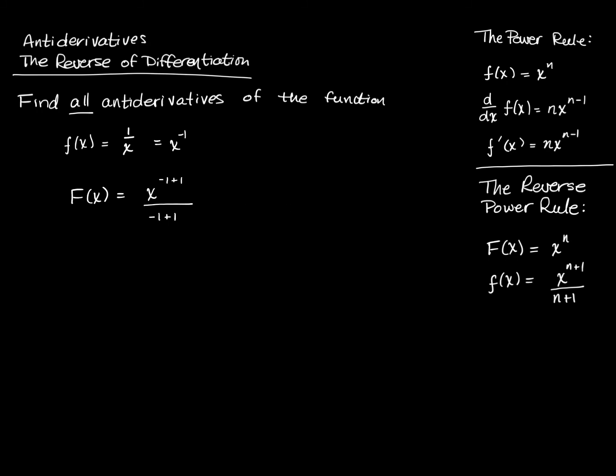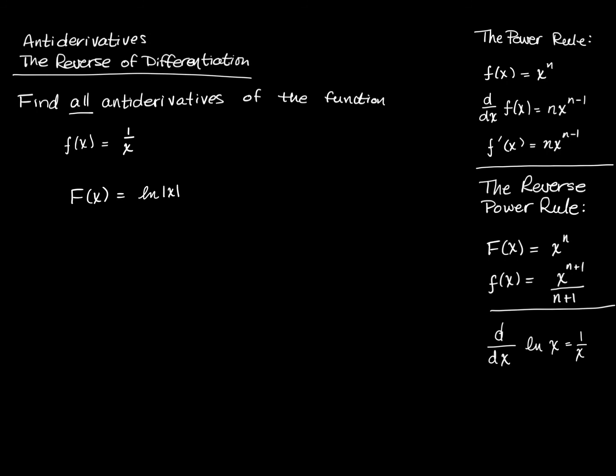In fact, what we're going to have to do is recall some of our derivatives of standard functions that we worked with in differential calculus. You may remember, or you may not, that the derivative of the function the natural log of x is 1 over x. And I'll need to remember that going forward. So since the derivative of ln of x is 1 over x, the antiderivative of 1 over x is ln of x.